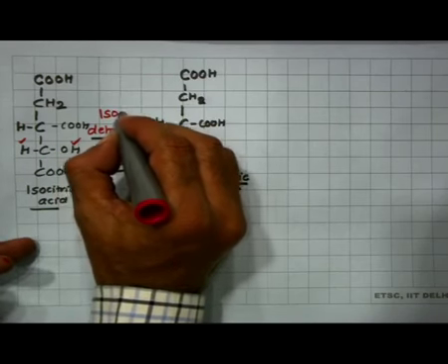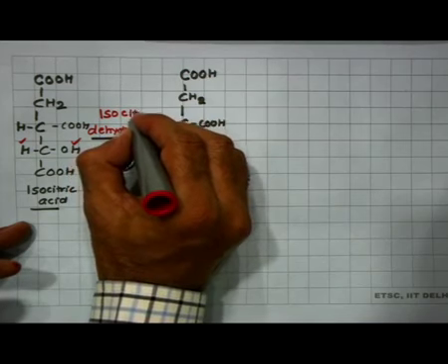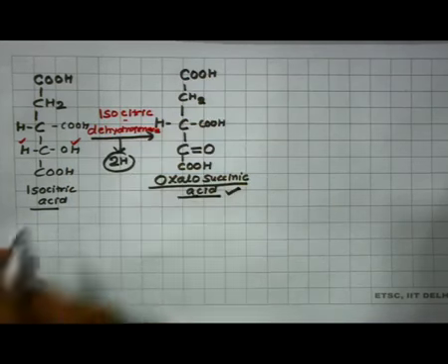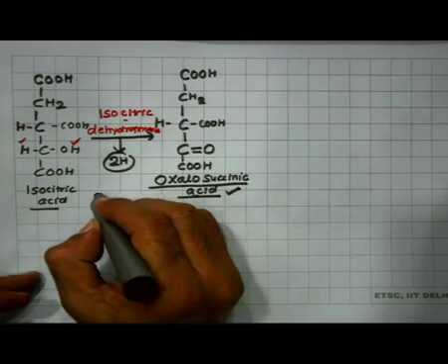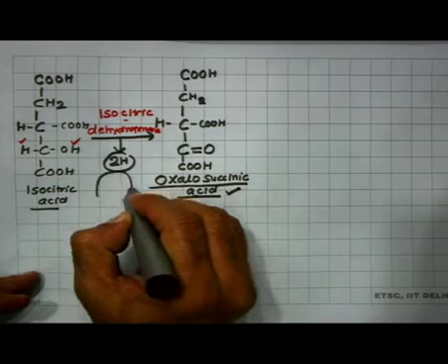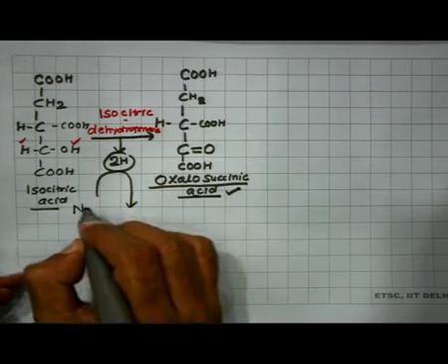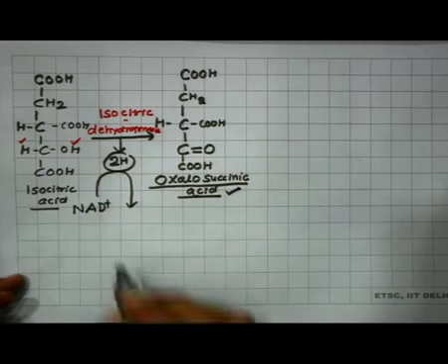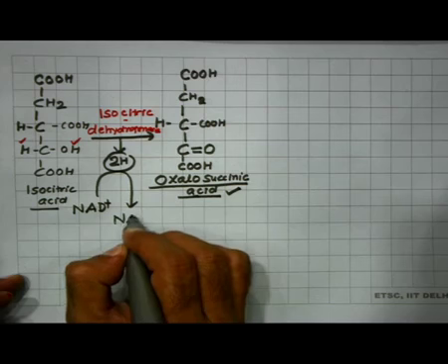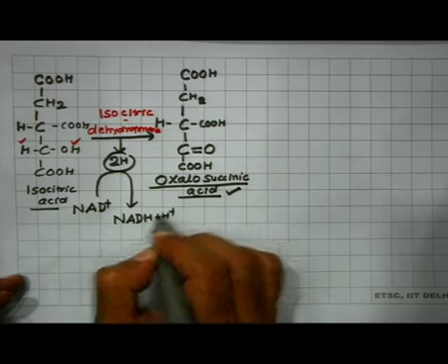So, we can say when we add substrate, it is isocitric dehydrogenase. Now, what is the fate of this hydrogen? This hydrogen is accepted by a coenzyme which you are already familiar with, that is NAD plus. It is converted into NADH plus H plus.